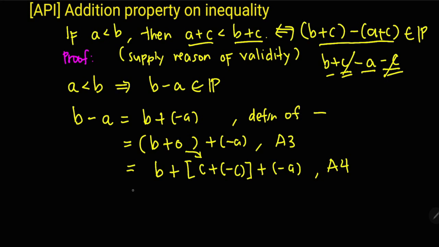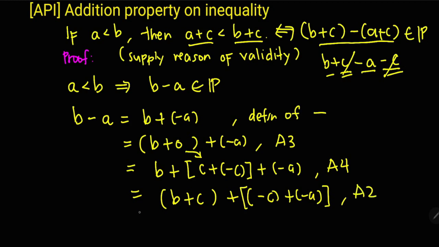Now, we can regroup B and C. So, I have B plus C, and then I have the value negative C plus negative A. So that's associativity of addition.